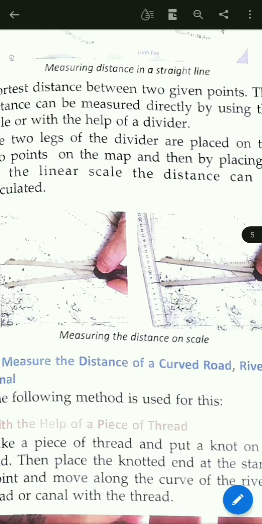Now how can you measure the distance of a curved road, which is not straight? The following method is used for this.